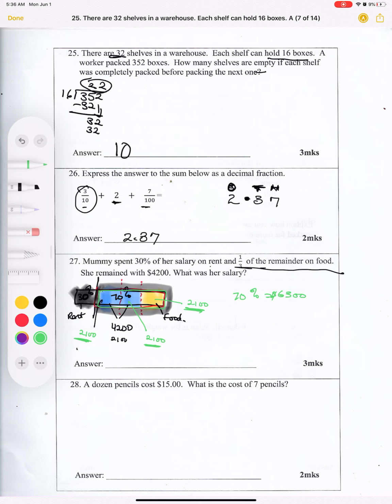How did we learn to find the whole? We multiply the number by the reciprocal of the fraction. With whole, I'm not seeing any fraction. Let's make it a fraction. 70% means 70 over 100 equals $6,300. So we multiply the number by the reciprocal of the fraction. We invert this: 100 over 70 multiplied by 6,300. 0 cancel with 0.